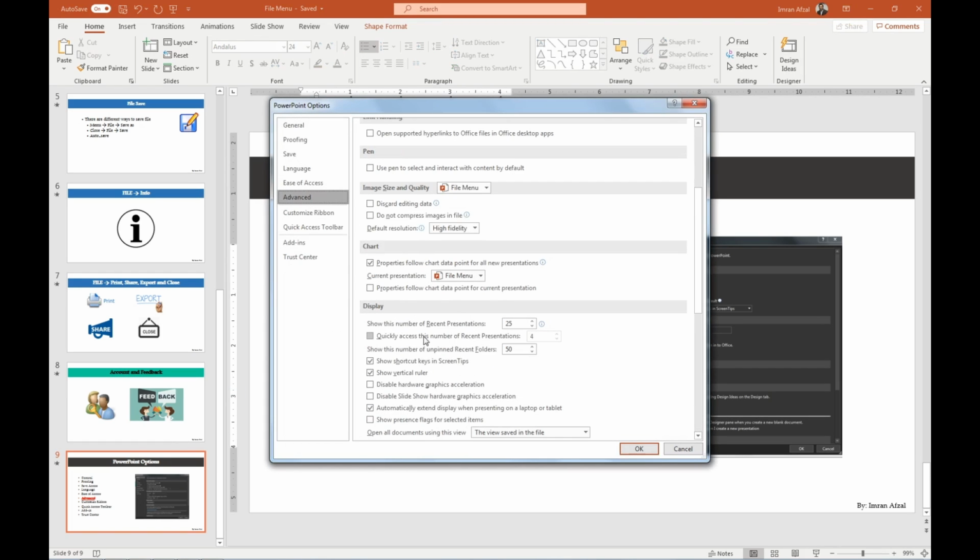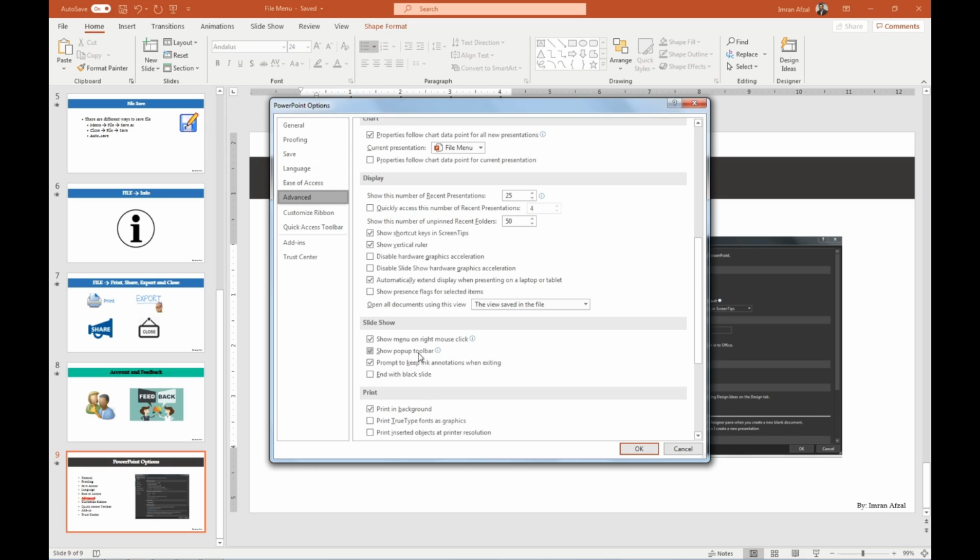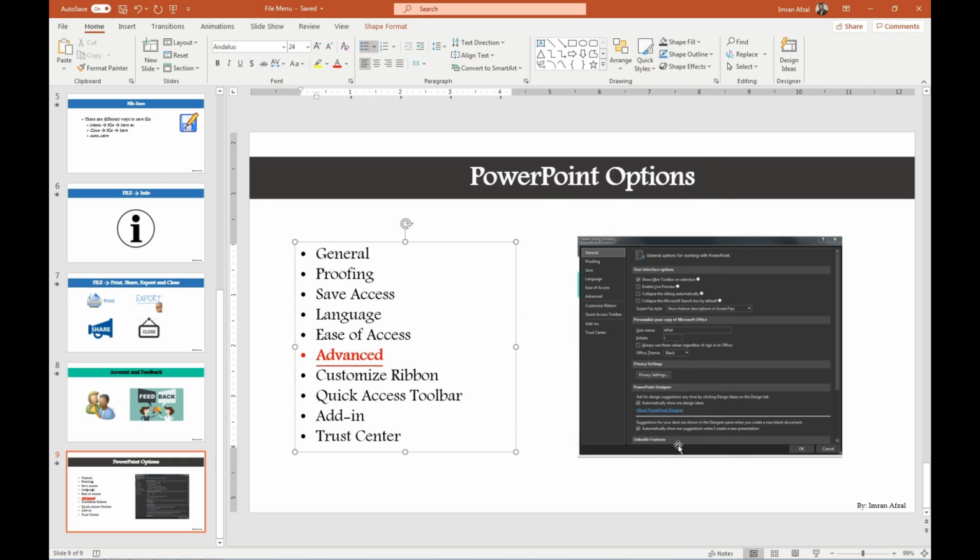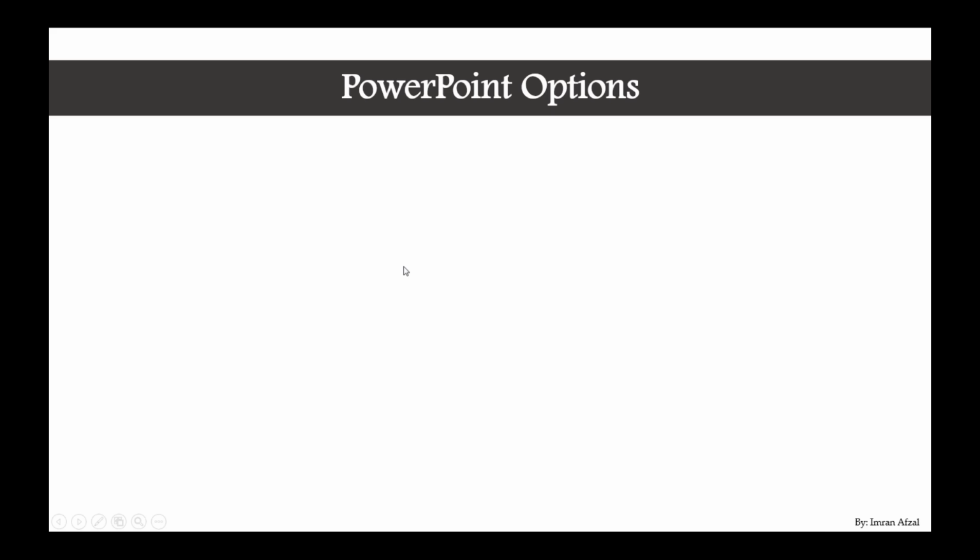Next one is show pop-up toolbar. What is a pop-up toolbar? It's the toolbar during your presentation or slideshow. Let's go in and click on slideshow. You see right now this slideshow is not showing anything, but on the bottom left corner you see these icons, very hard to see. They're kind of grayed out, but these do perform certain functions.